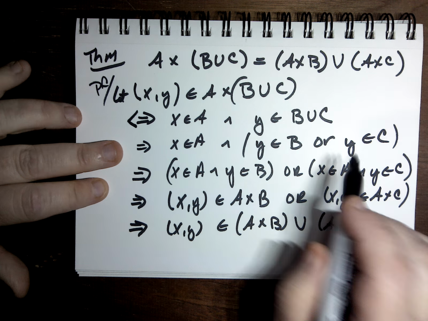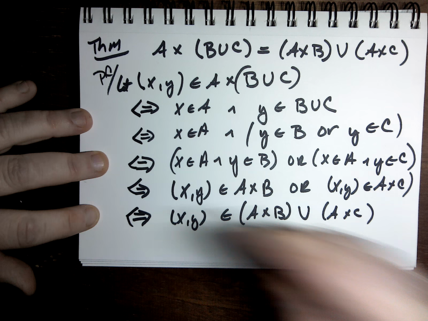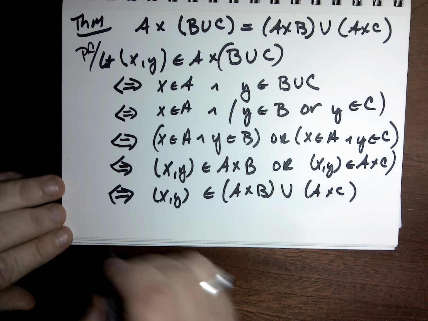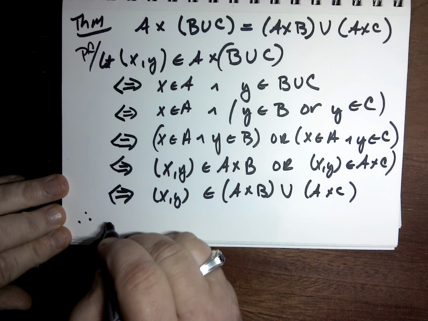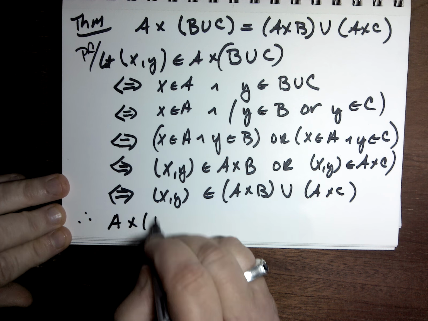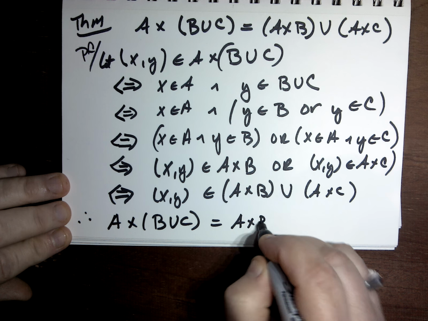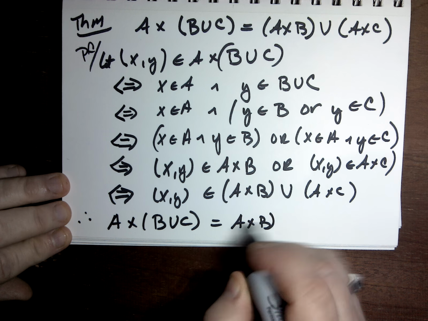So that's if and only if. All of these steps were if and only if. So because we are able to do the same thing forwards and backwards, we are actually done. And we can say that A cross (B union C) is equal to (A cross B) union (A cross C).